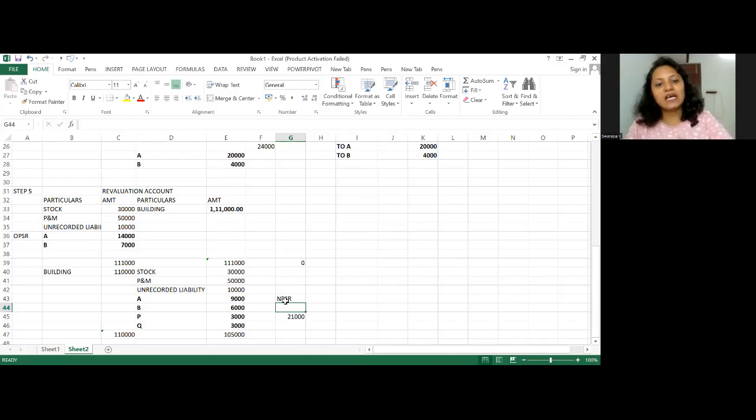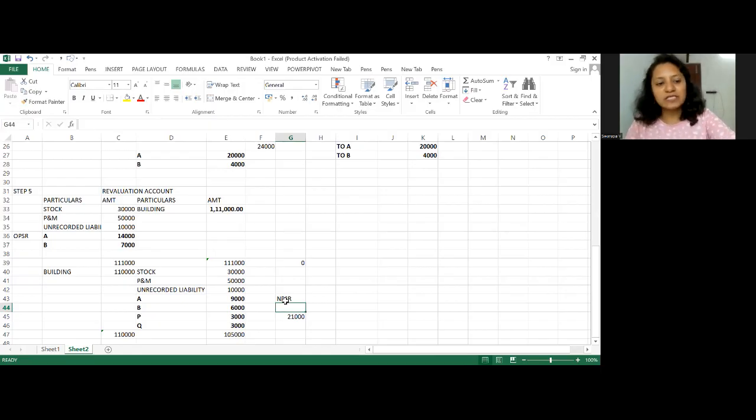So if the assets are not revalued, what will happen? In future, whenever there is again a reconstruction or again an admission or retirement, this impact of revaluation will be compounding. So up to the point of this admission, the impact of revaluation should be adjusted among the capital accounts of the partners.